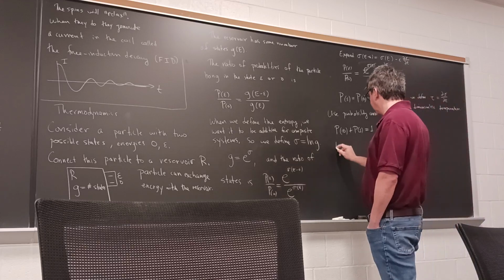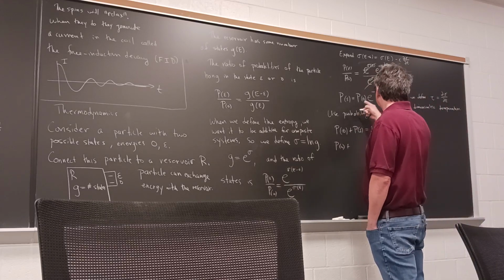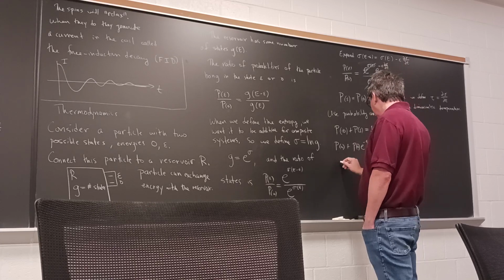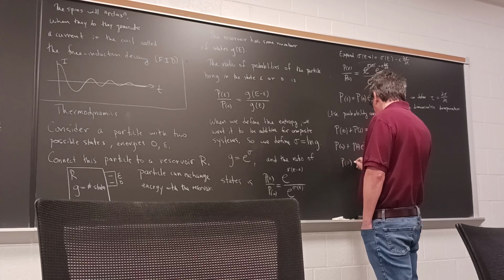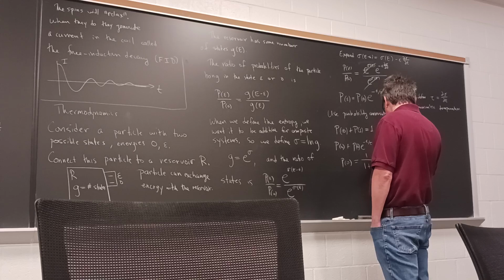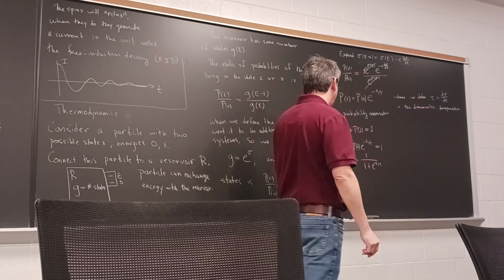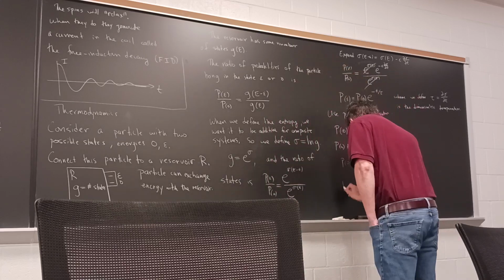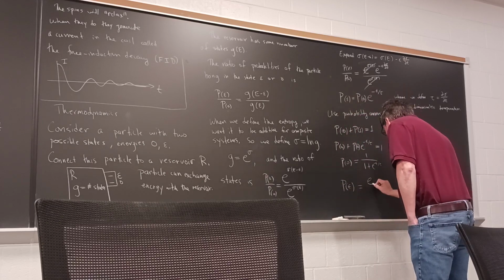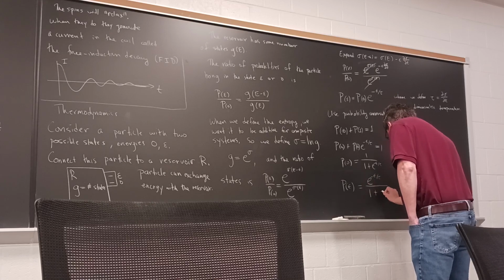So P of 0 plus P of 0 e to the minus epsilon over tau equals 1, and so P of 0 is 1 over 1 plus e to the minus epsilon over tau. Finally, P of epsilon is e to the minus epsilon over tau divided by 1 plus e to the minus epsilon over tau.